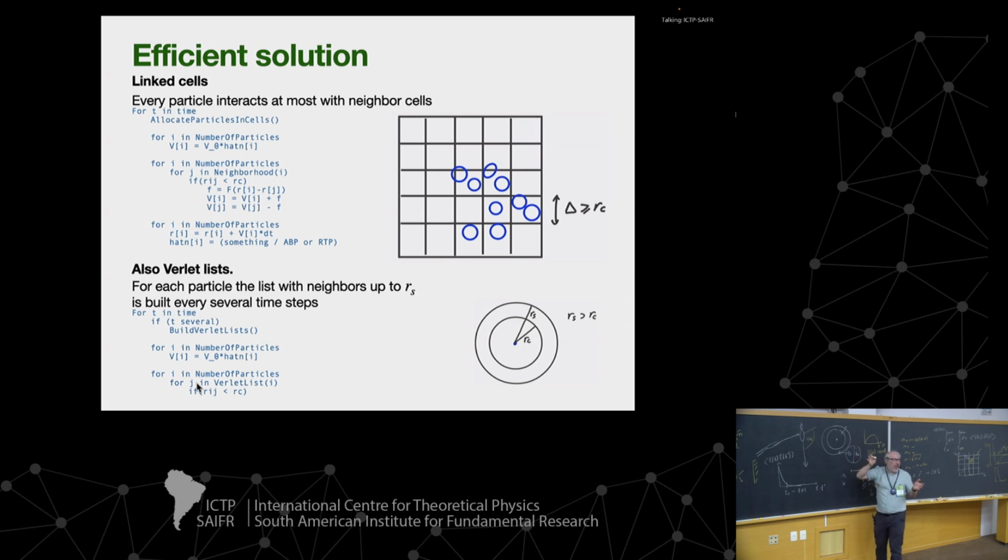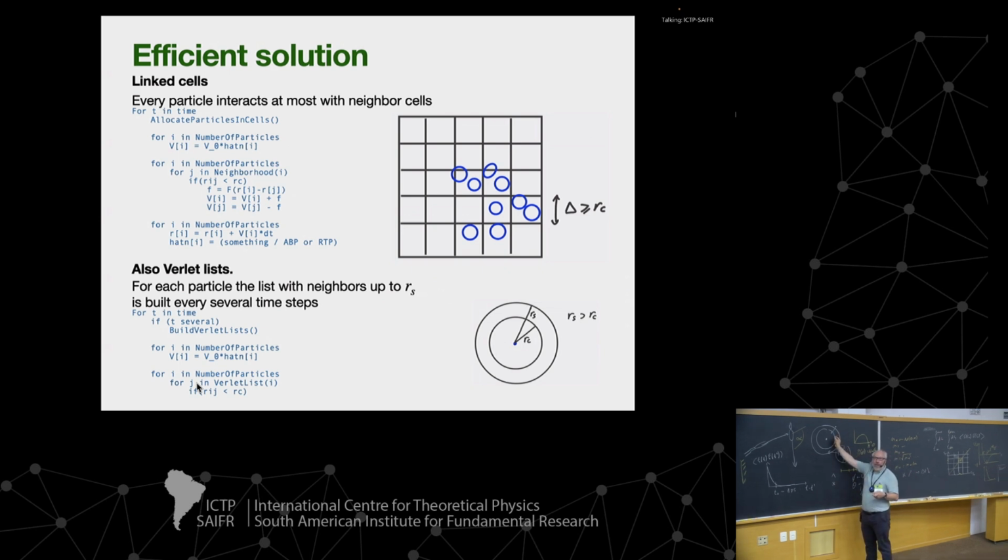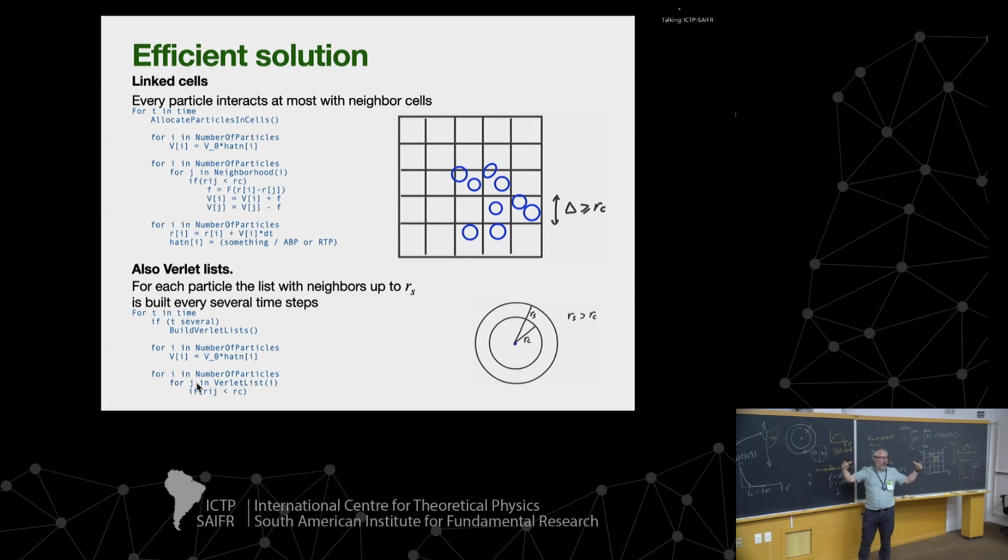And there's a trade-off. If you make the skin very shallow, then you have to update very often. That's not good. If you make the skin very thick, you don't have to update very often, but you're considering many particles that are not worth considering because they are too far. So what's the optimal skin size?